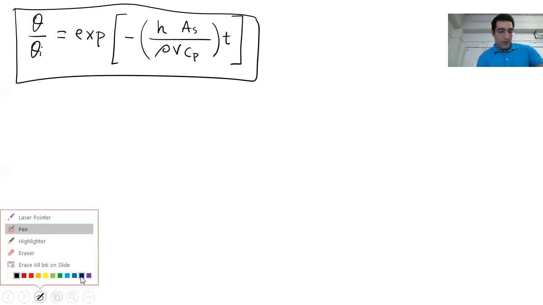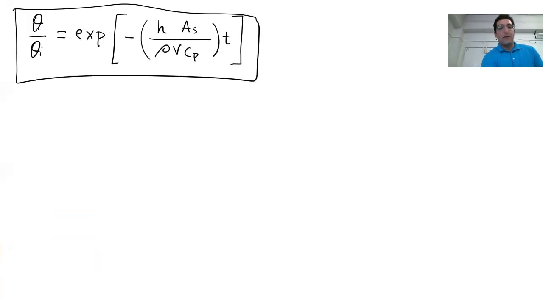So I can go ahead and even define theta and theta I as well, and we know that theta is T minus T infinity. Theta I is Ti, the initial temperature, minus T infinity, right?